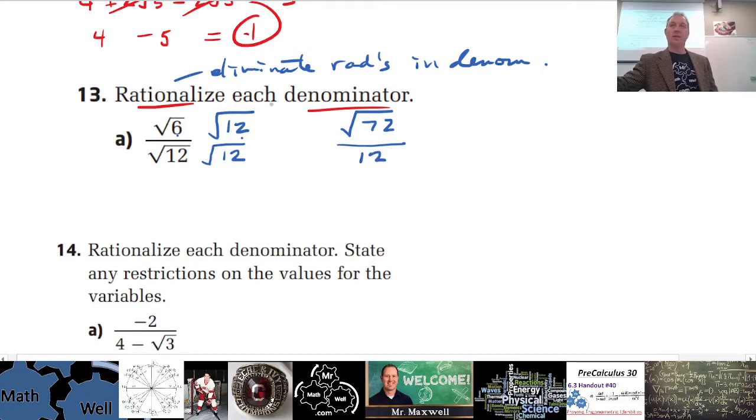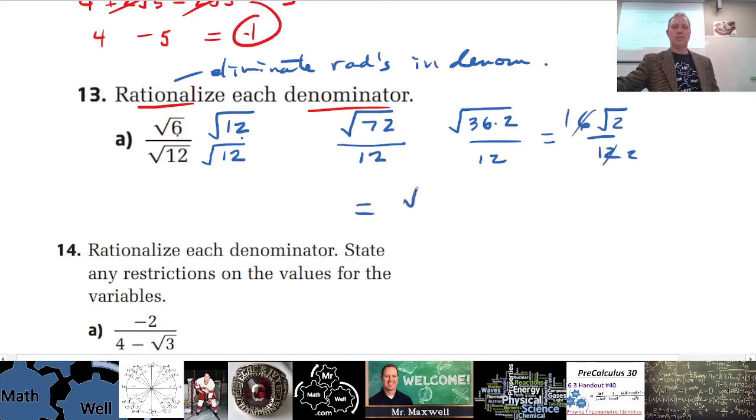It didn't clearly say simplify, but you always should simplify, meaning we should simplify the radical if possible. And we did a question just like this yesterday, where this is actually 36 times 2. So that comes out to 6 root 2 over 12, which would further simplify to root 2 over 2. Rationalize the denominator.